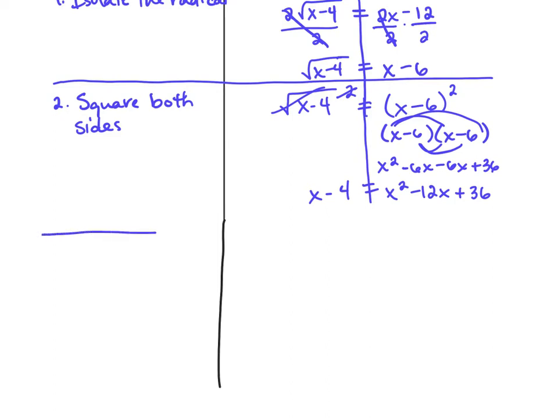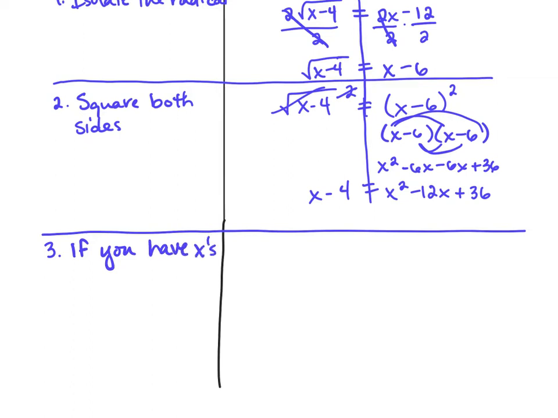So when I go to step 3 here, I want to note that this is not with all equations. If you have x's and x squareds, you need to treat it like a quadratic.